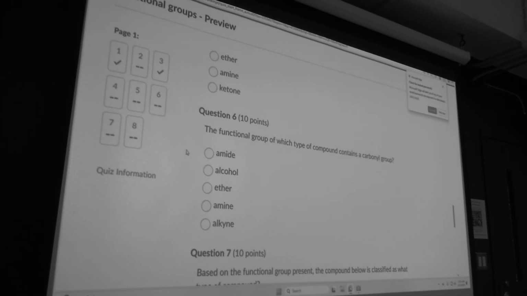Yep, amide, it's the first one. Amide has a carbon double bonded to an oxygen. That's the top right here.